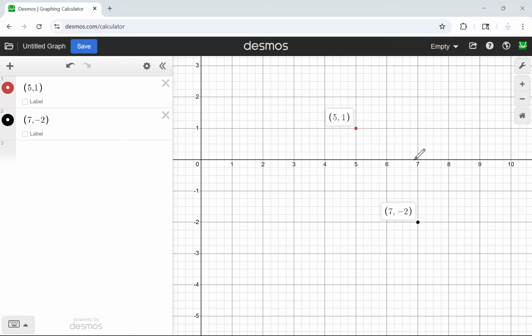It might be at 6.8. It might be at 6. But it's going to be somewhere between 5 and 7 where we have to cross this x-axis. And it may cross at multiple places. You could cross the x-axis at more than one place, but it has to cross there at least once.